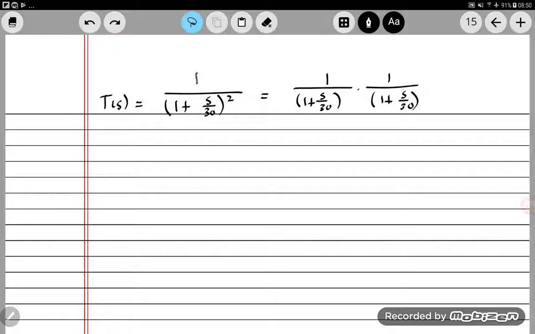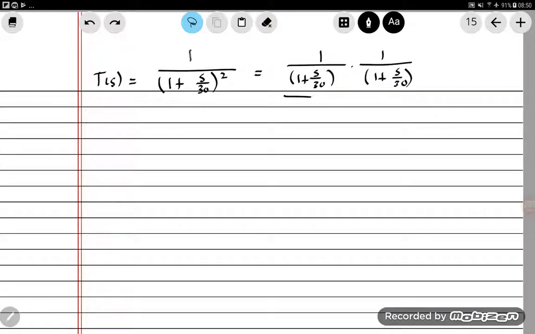Because we're plotting in the log domain, we can plot the magnitude and phase of each of these and then just add them together to get the magnitude and phase plots of this transfer function. In this case, the break frequency is equal to 30 radians per second.